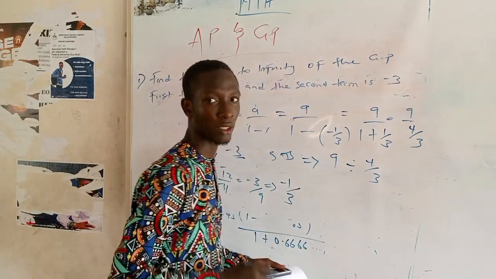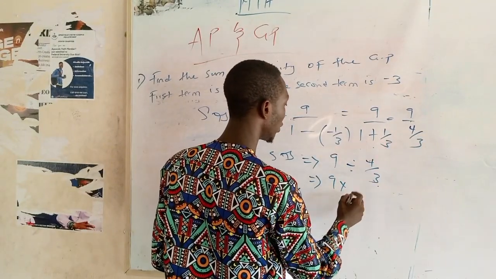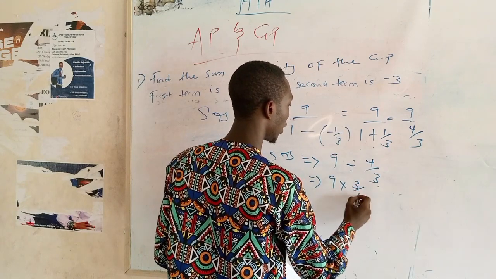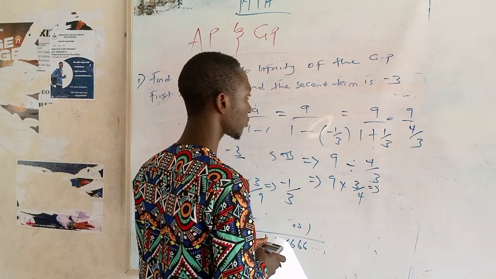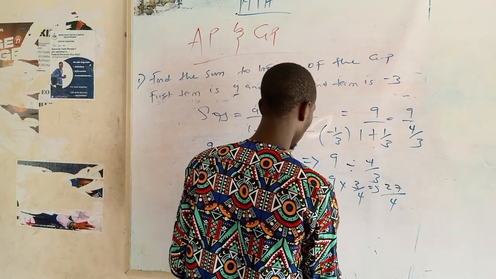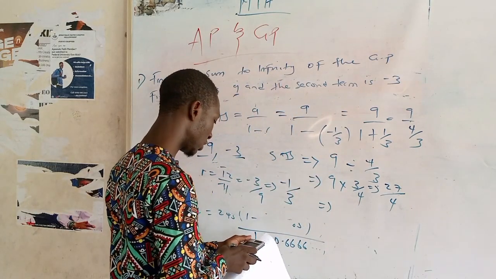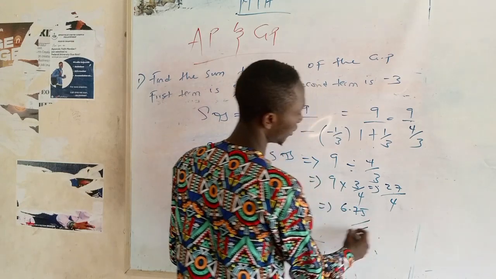It becomes 9 times: you bring this 3 up, bring the 4 down. So 9 times 3 is 27 over 4. So therefore, our sum to infinity, 27 divided by 4, is 6.75.